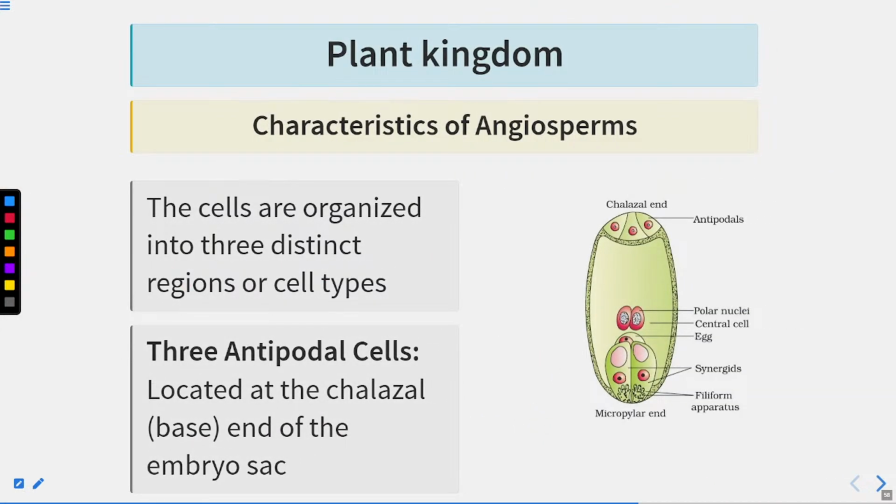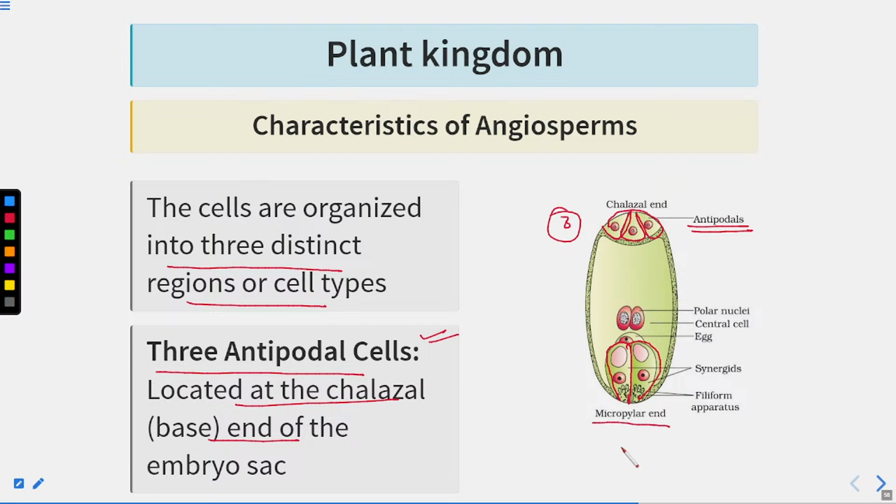The cells are organized into 3 distinct regions or cell types. Here we can see 3 antipodal cells at the chalazal end of the embryo sac, and 2 synergid cells present at the micropylar end, and 1 egg cell.